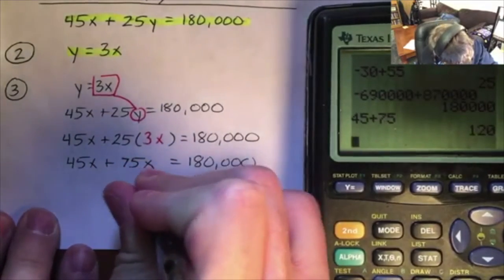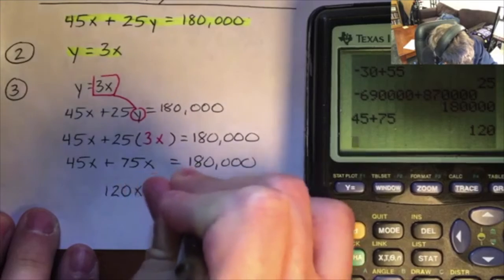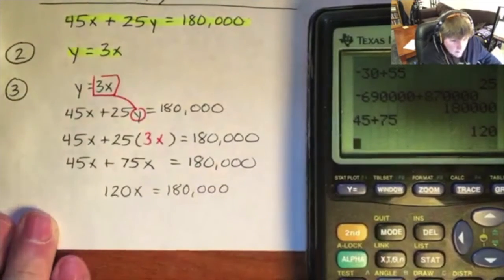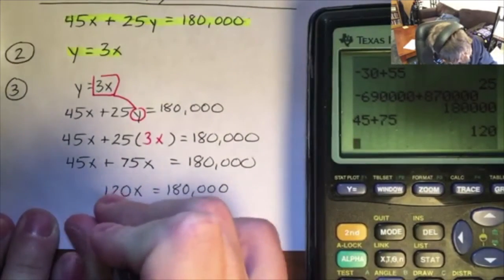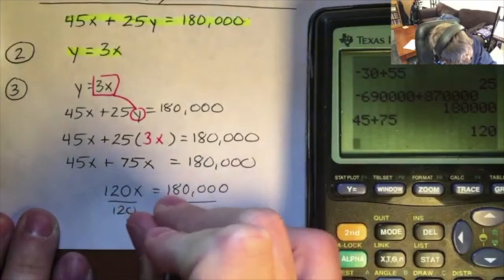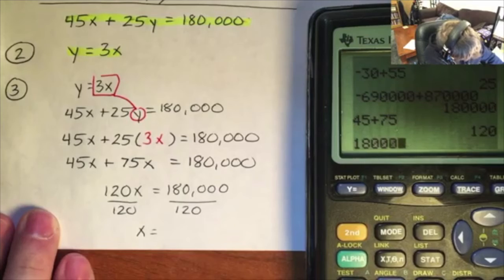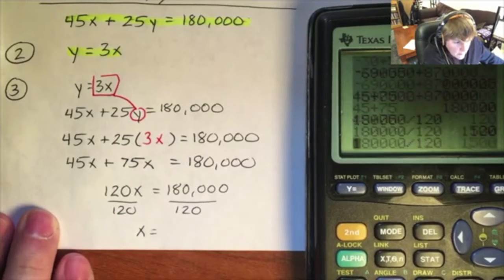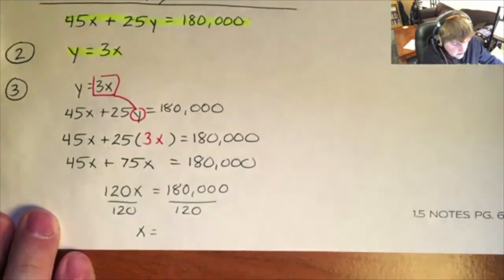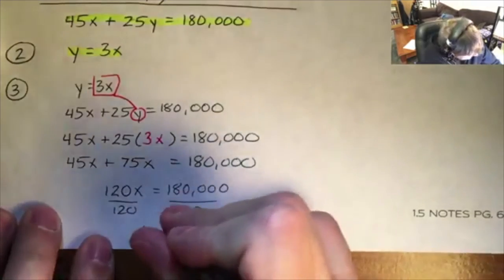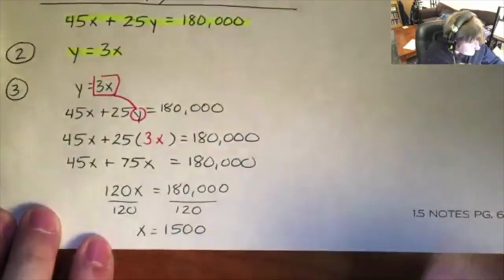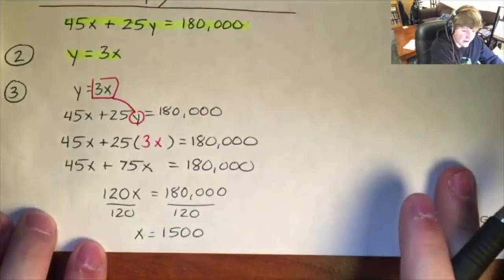x is equal to 180,000. And then I just need to divide by 120, which is 1,500. So that means x is 1,500. We will talk about what that means at the end of the problem when we're breaking it down.